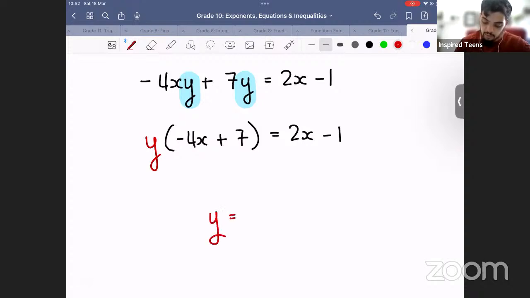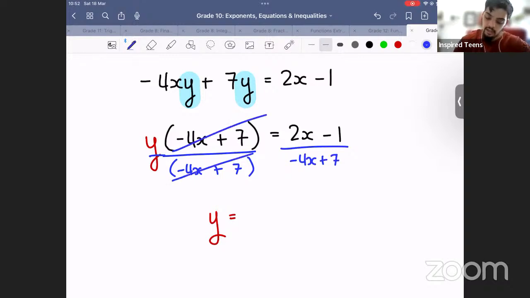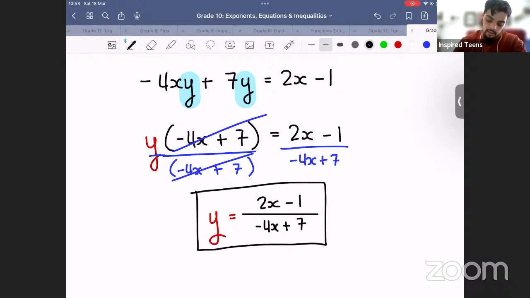So y is equal to, it's like you're dividing both sides by negative 4x plus 7. This cancels with that, and on the right hand side, you're left with 2x minus 1 divided by negative 4x plus 7. And that's in its simplest form, and that's y is equal to that.